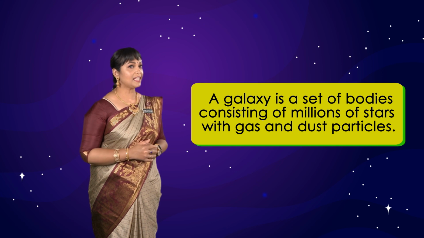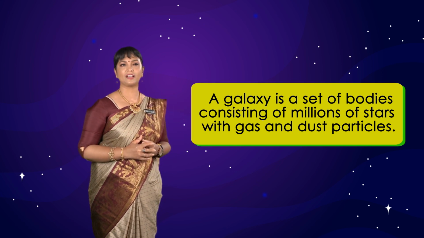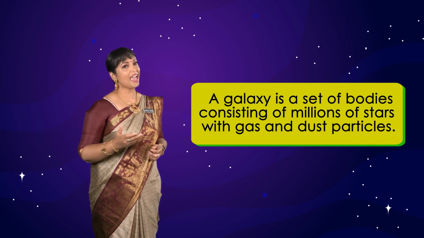As a conclusion, do you still remember what is a galaxy? Yes, you are right. A galaxy is a set of bodies consisting of millions of stars with gas and dust particles.